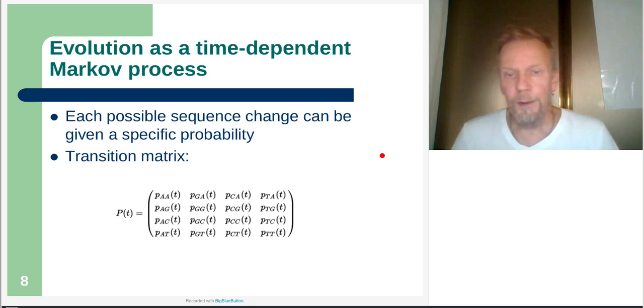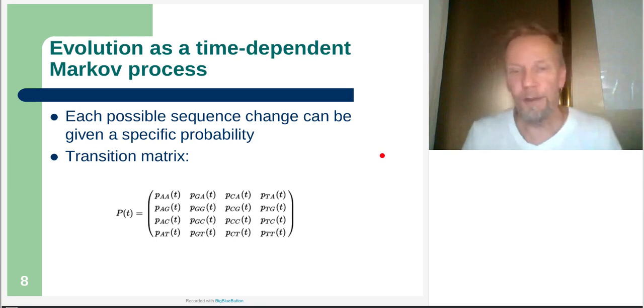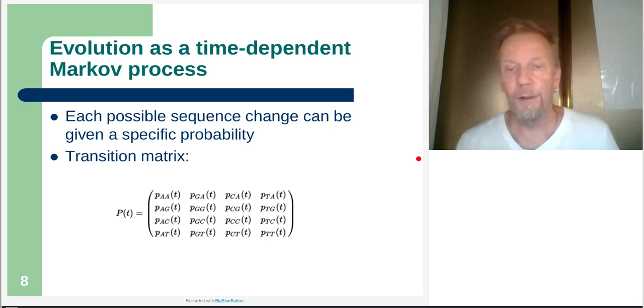Okay, now if we think about the changes, we have like 16 different changes of states in a Markov chain that is going through different nucleotides in a single position of a sequence, in a single column of an MSA. We have the probabilities of the nucleotide staying the same here in the diagonal, and then probabilities for every change.